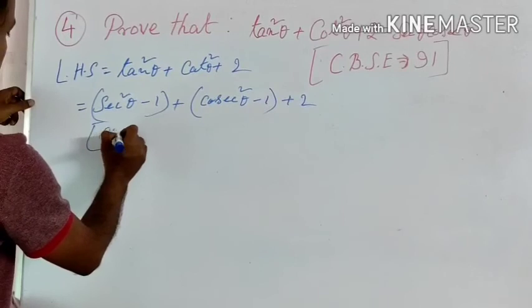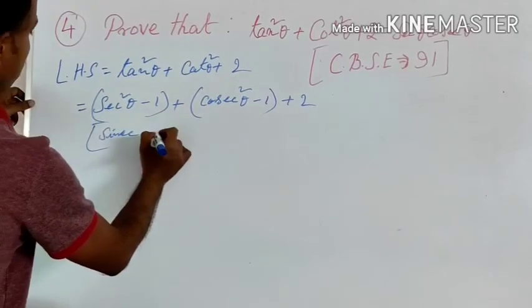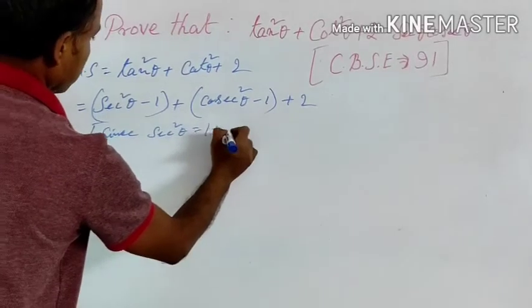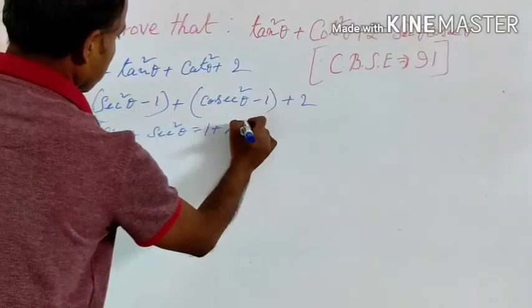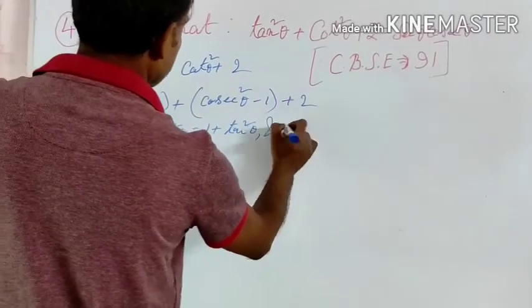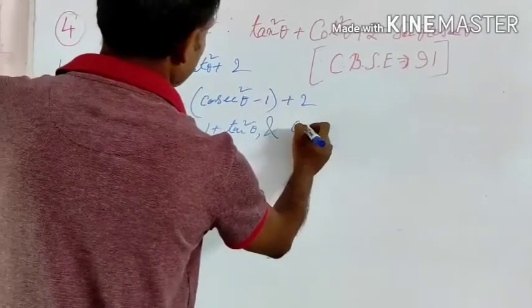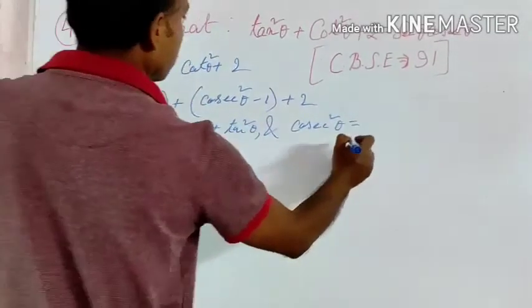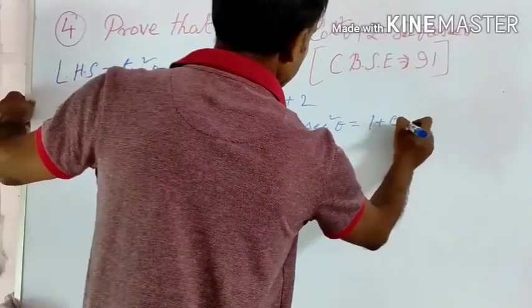Since sec square theta is equal to 1 plus tan square theta and cosec square theta is equal to 1 plus cot square theta.